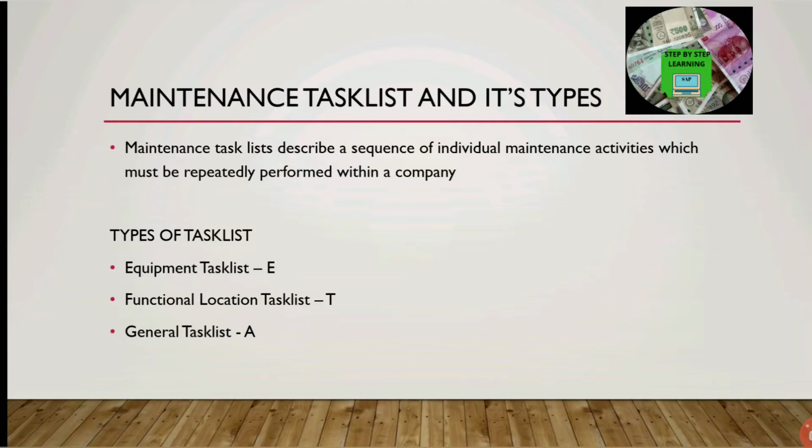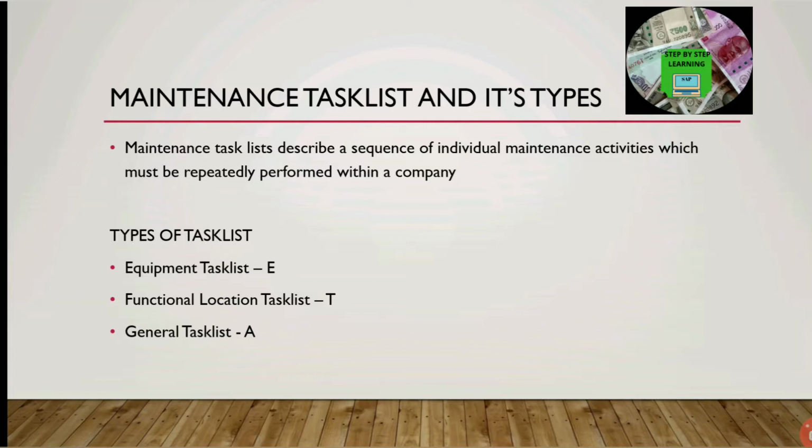If we have different kinds of equipment, for example a high pressure pump, it is different from reciprocating pumps. The maintenance operations you do for a high pressure pump may be completely different from those for reciprocating pumps. In that case you can create an equipment task list.